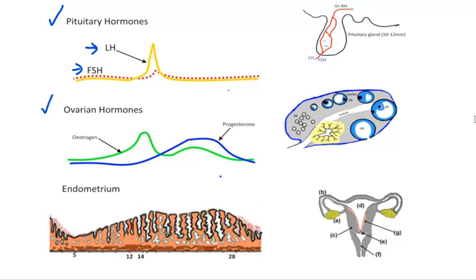We will also be looking at the ovarian hormones, hormones produced by the ovary itself, and these are estrogen and progesterone. And the third aspect that we will consider is the development of the lining of the uterus, which is known as the endometrium. The coordination of the events of pituitary hormones and ovarian hormones establishes three basic ideas.